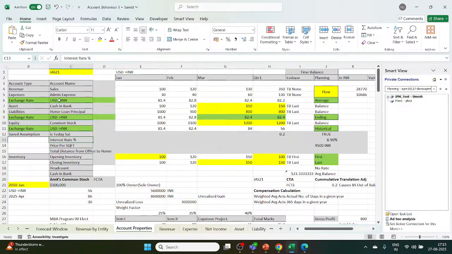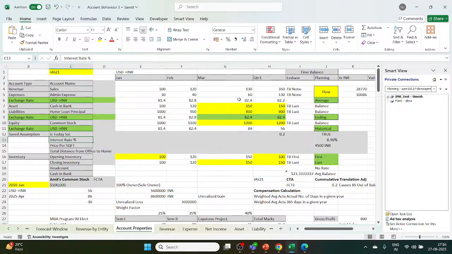But in the exchange rate type, we generally use the average, like 81.4. Here it's the rate of dollar, and the Feb month rate of dollar is 82.8, and in the March month it is 82.4.